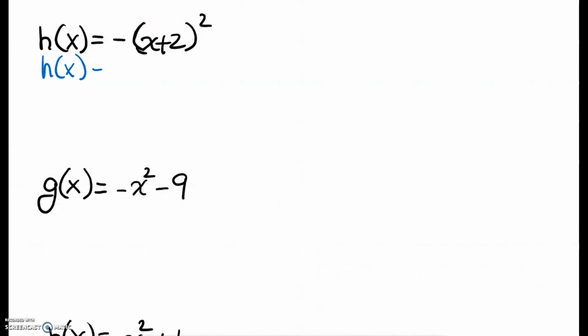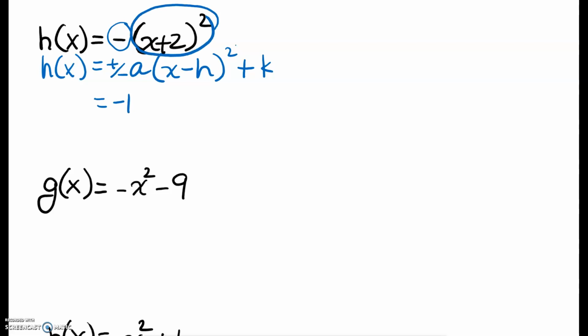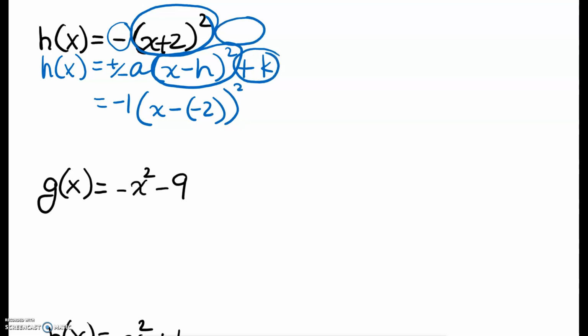So let's do the same thing here. h of x equals plus or minus a times x minus h squared plus k. I have a nice negative 1 out in front. Here's my squared term, and I'm adding something to it instead of subtracting that, so I'm going to turn that into a minus a negative, and then I'm not adding anything afterwards, so my k value is 0.